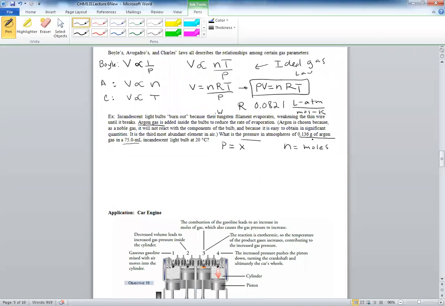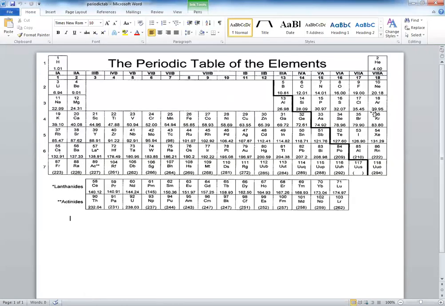Let's start with the number of moles. So we have 0.136 grams of argon. You need to convert to moles, so you just divide by the molar mass of argon. So from the periodic table, go and find the molar mass of argon. And that will be 39.95.